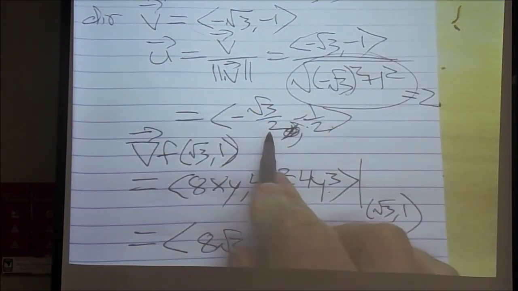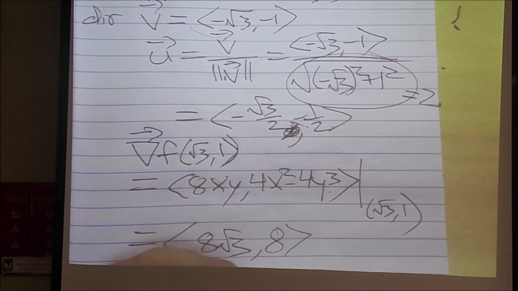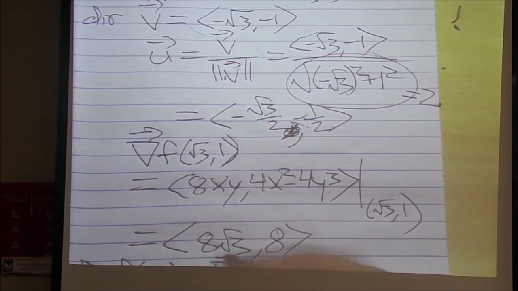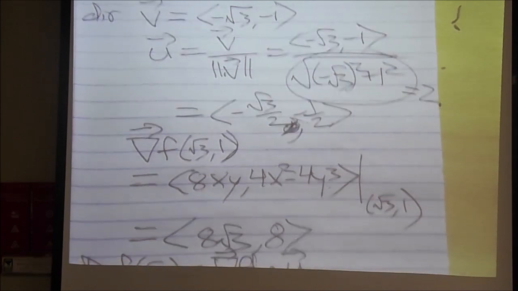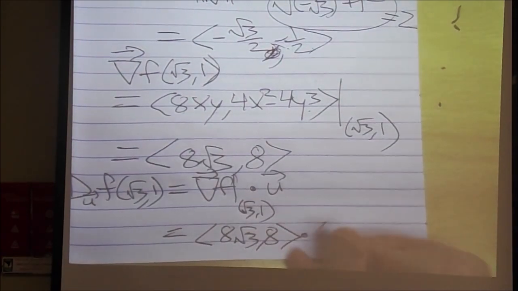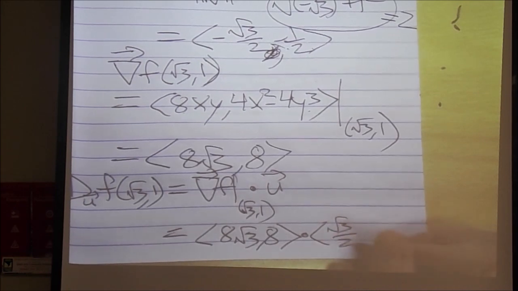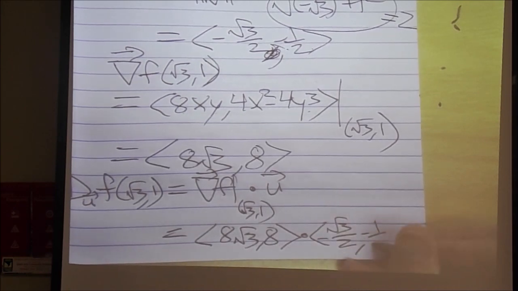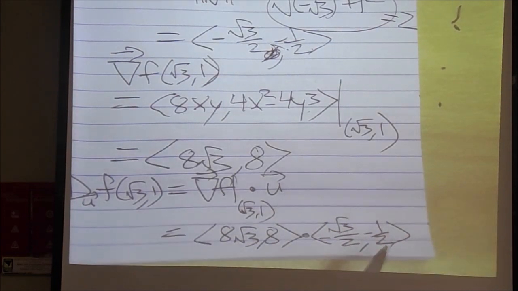Here's the direction, minus square root 3 over 2, minus a half. The directional derivative at the point square root 3, 1 in the direction of u towards the origin is the dot product, gradient of f at the point dot u, which is 8 square root 3, 8 dot minus square root 3 over 2, minus a half.